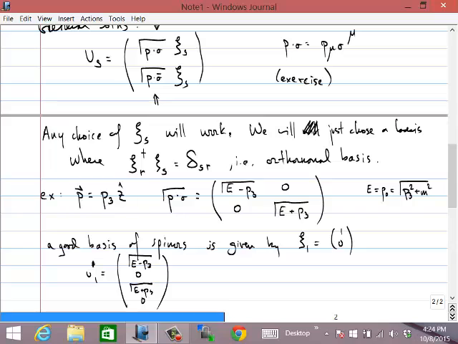All I'm doing is acting with P dot sigma and P dot sigma bar on zeta 1, and then zeta 2 would be this guy. So U2 would be 0, the square root of E minus P3, 0, and the square root of E plus P3.